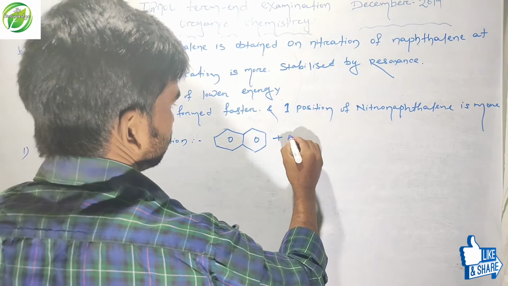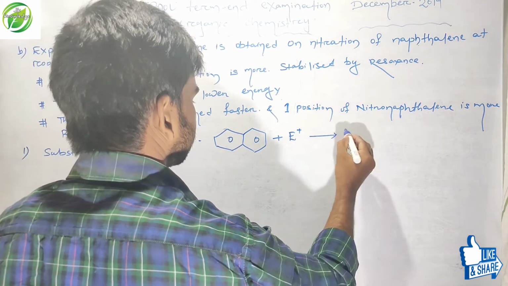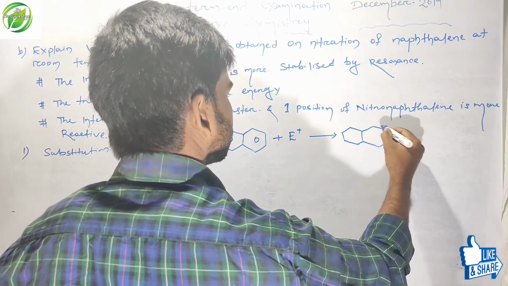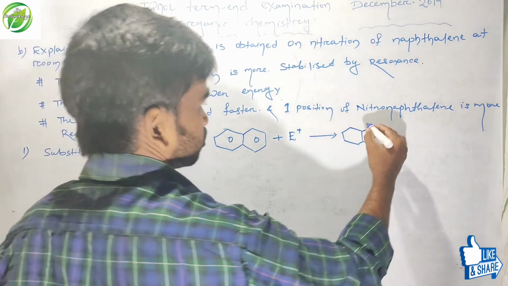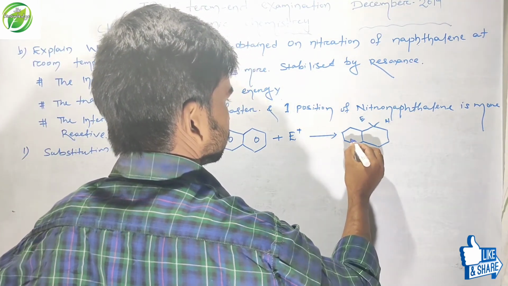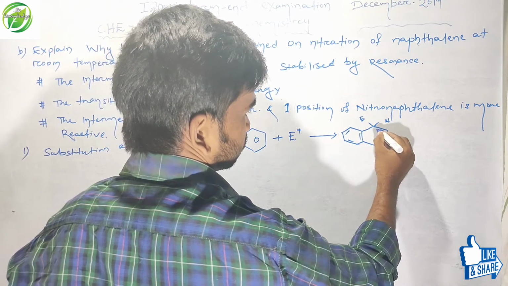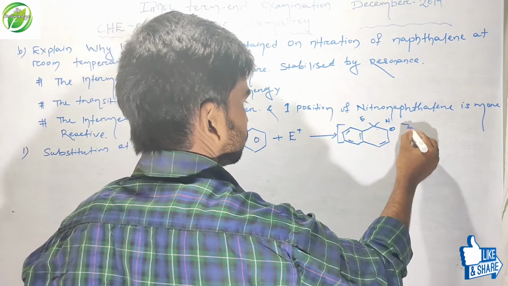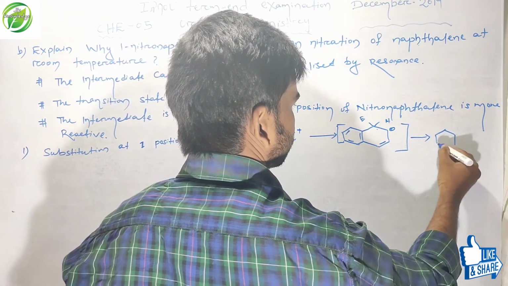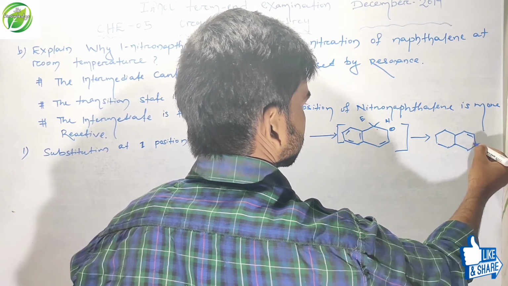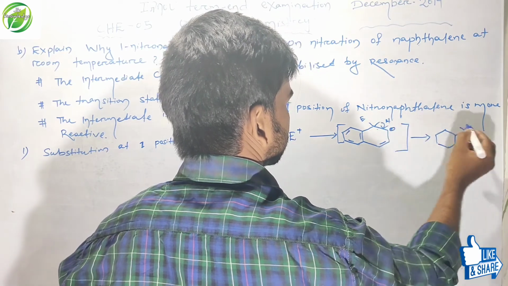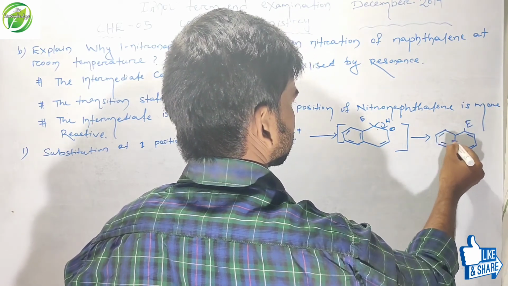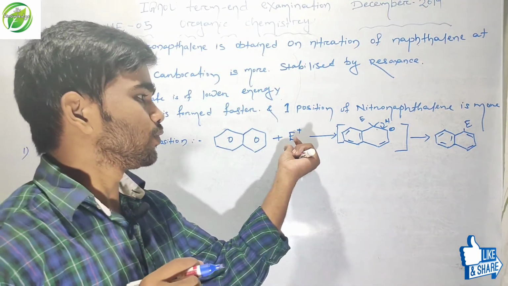When naphthalene goes through electrophilic substitution reaction, this electrophile attacks the first position.